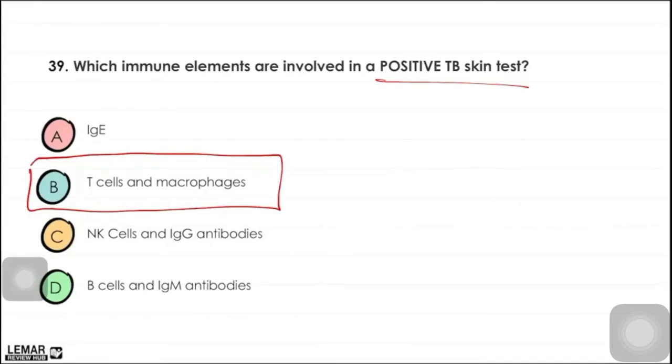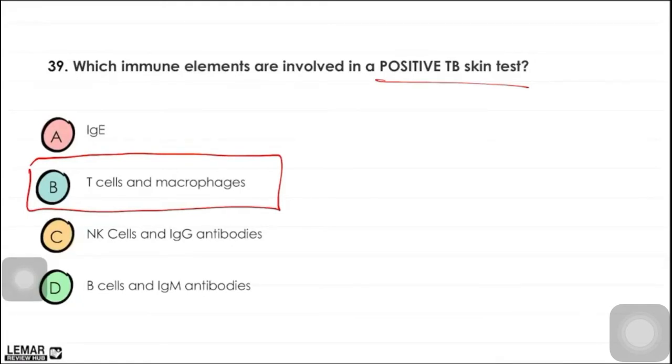So, a positive TB skin test is cell-mediated immunity, moderated by the link between the T lymphocyte and the phagocytic cell. So, this reaction involves antigen-sensitized T lymphocytes, or particles that remain phagocytized in a macrophage and are encountered by previously activated T lymphocytes for second or subsequent time.